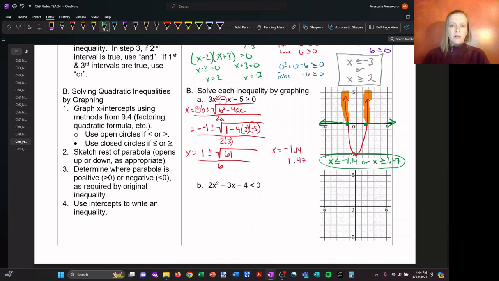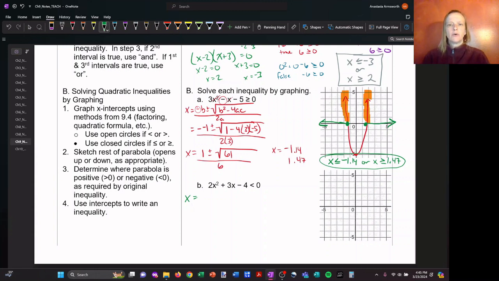Let's do another example. Once again, looking at how easy this would be to factor. 2 times negative 4 is negative 8. There are no factors of negative 8 that add up to 3. So this is best solved by using the quadratic formula.